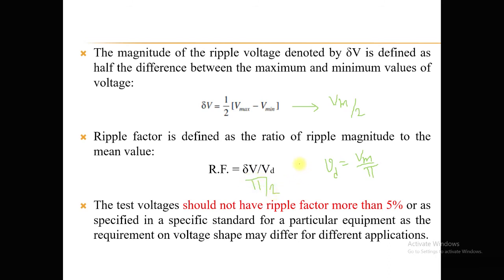So we need to reduce this amount of ripple to get the expected value of the output voltage for our insulation study under DC stresses. To achieve this limit, we generally connect the capacitors, so it will be further reduced.